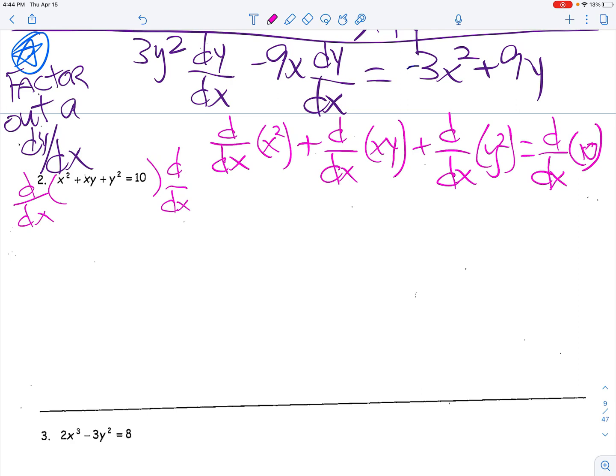All right, take the derivative of each term. And here we go. The derivative of x squared is 2x.